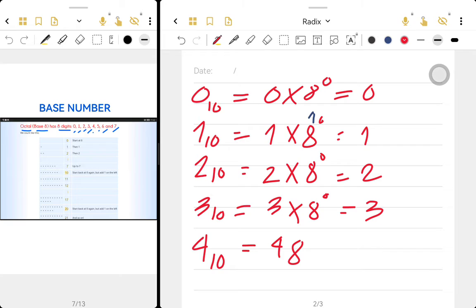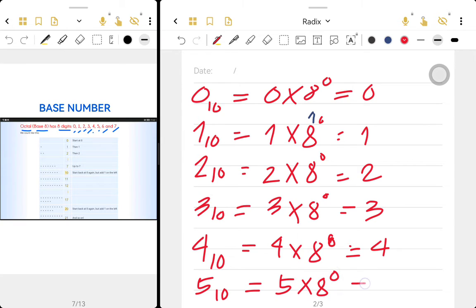And then we have 4 times 8 to the power of 0 equals 4. And then 5 base 10. We have 5 times 8 raised to the power of 0, that is 5.